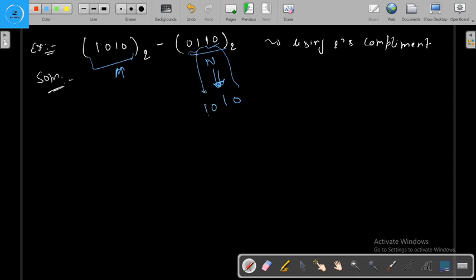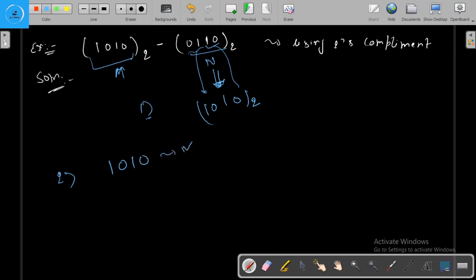Here it will be 0 and 1. Okay, 0 1 0 1, and then we are going to add it with 1 0 1 0.